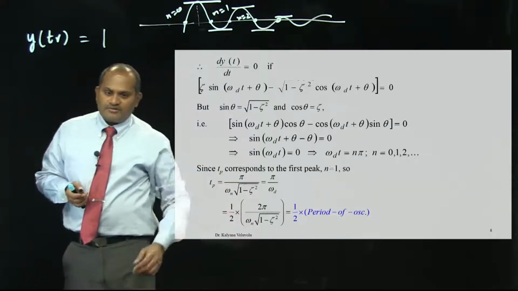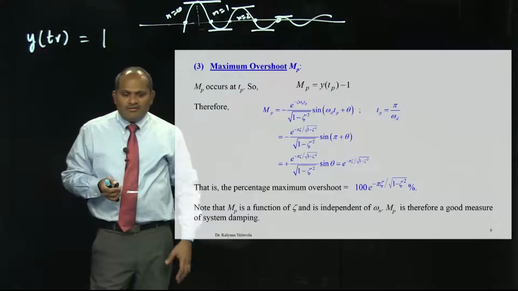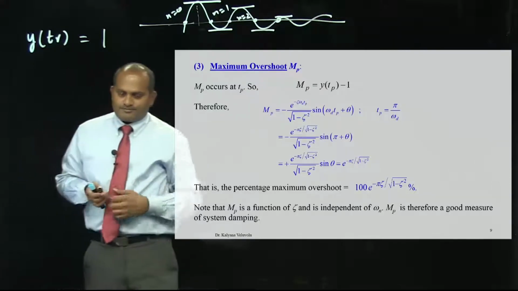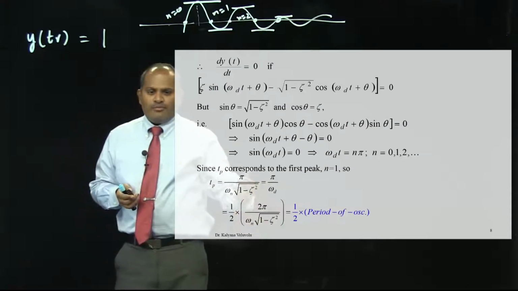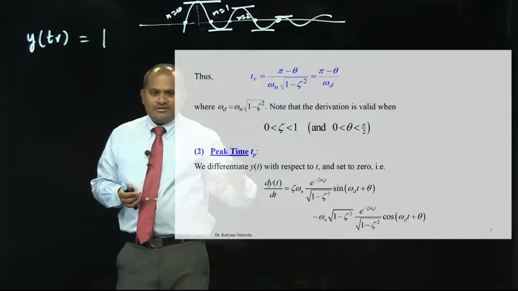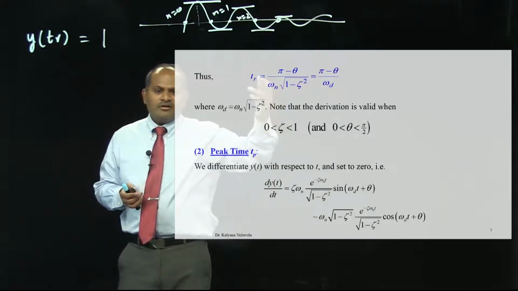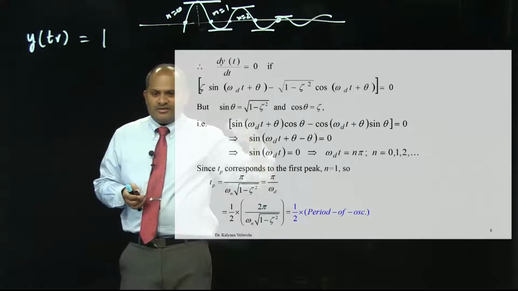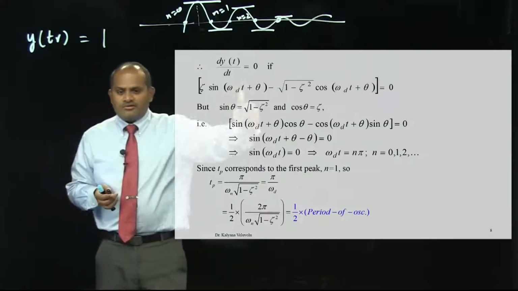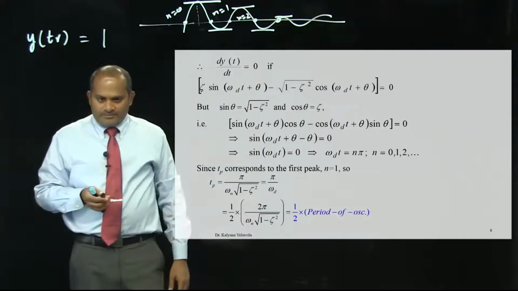The rise time expression looks similar: rise time is pi minus theta by omega n into square root of 1 minus eta square, and peak time is pi by omega n into square root of 1 minus eta square. They look similar, so it is easy to remember as well.